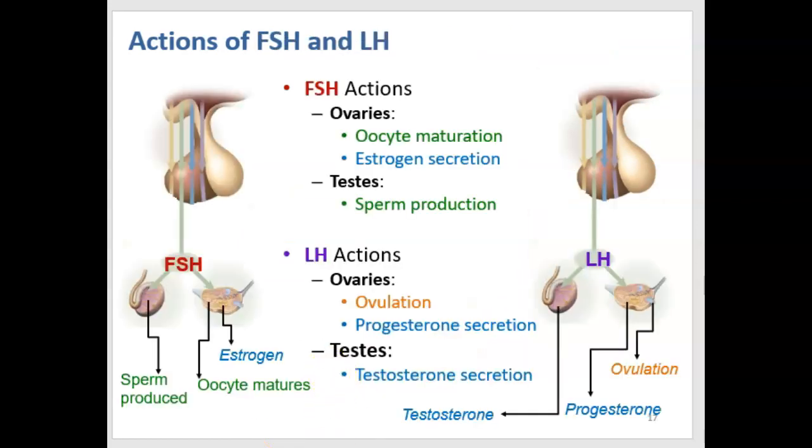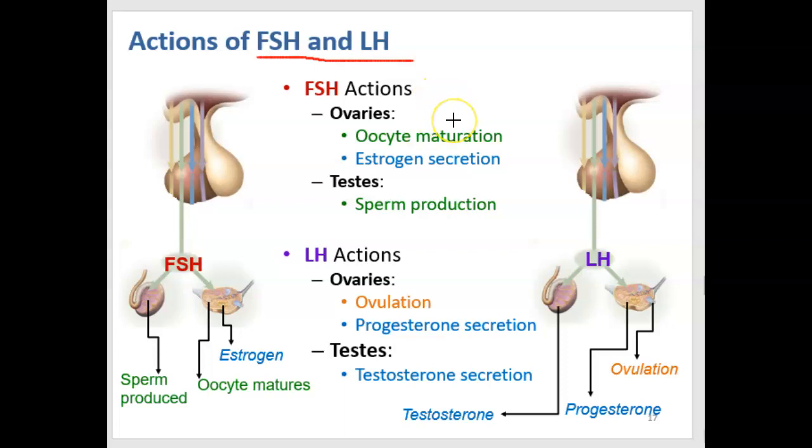Okay, the actions of FSH and LH are a little bit complex, and I don't want you to get too caught up in it. I have the details listed here, but you're going to study this a lot in A&P too, so I don't think it's worth memorizing for now.